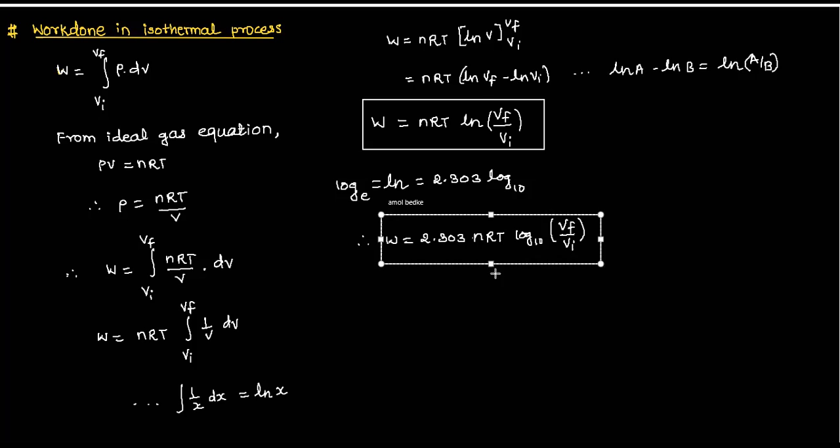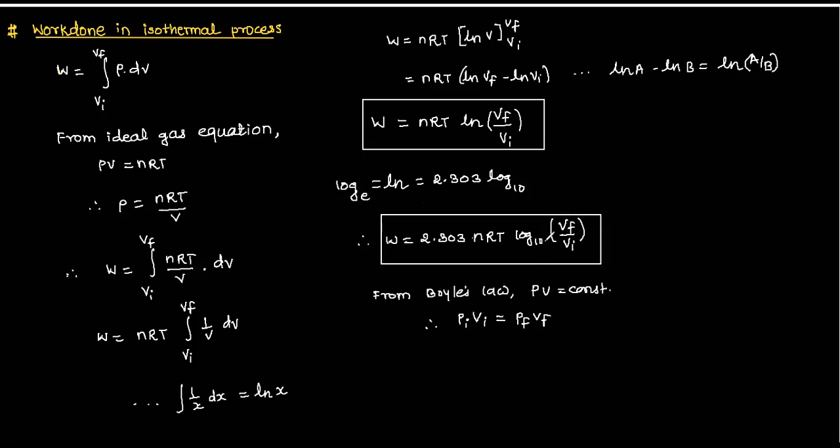Okay, this is your formula in terms of log to the base 10. Okay, sir, understood. If I want the formula in terms of pressure? From Boyle's law, we know PV is equal to constant, and therefore PiVi is equal to PfVf.